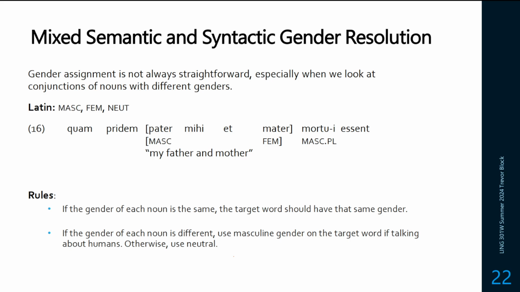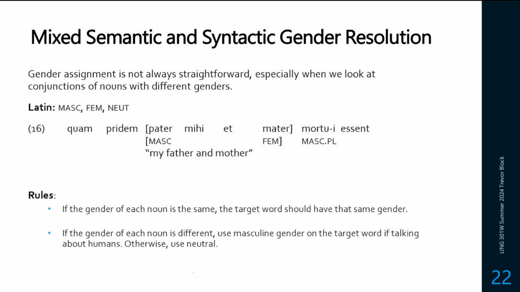So one last interesting thing about gender before we wrap this up is mixed semantic and syntactic gender resolution. So what happens when we take a phrase with two nouns in it conjoined, like, I don't know, Jeff and John versus Jeff and Mary versus Sue and Mary, some very typical linguistic example names.